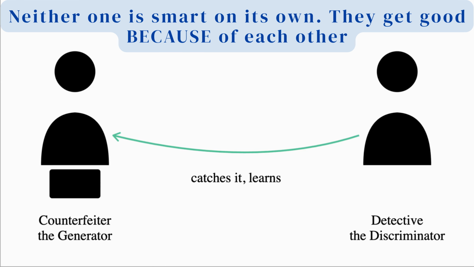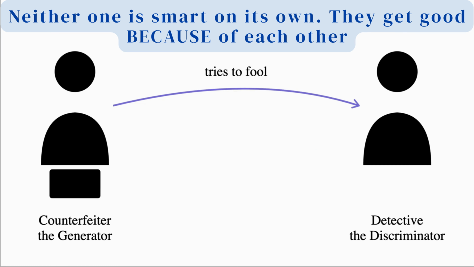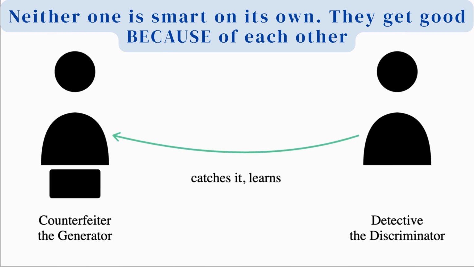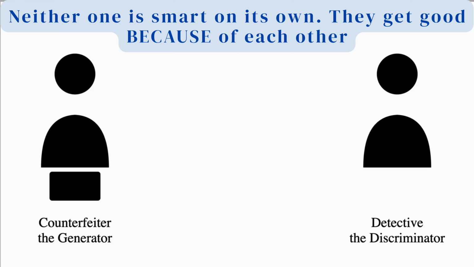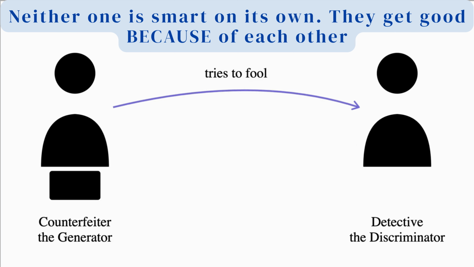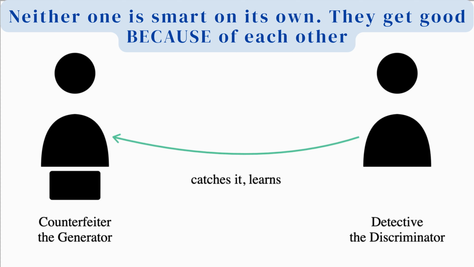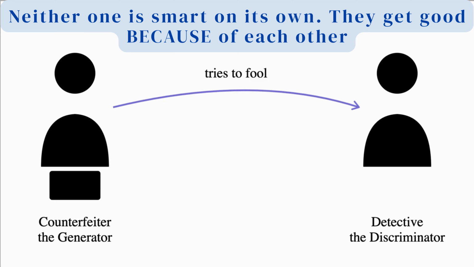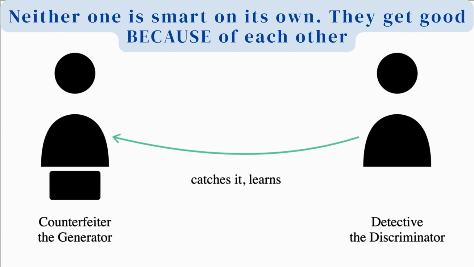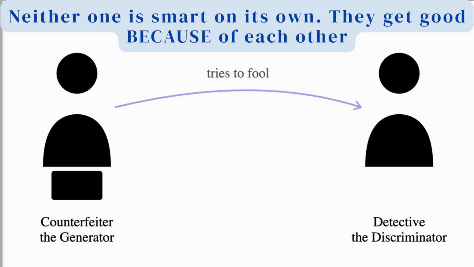And eventually, the fake money becomes so convincing that the detective can no longer easily tell whether it's real or fake. That is the basic idea behind GAN. Two systems compete with each other, and because they compete, they keep getting better.